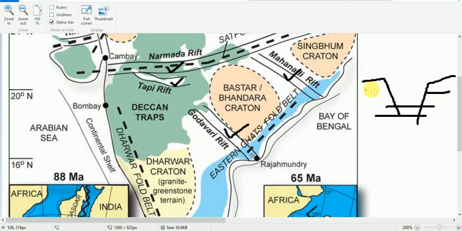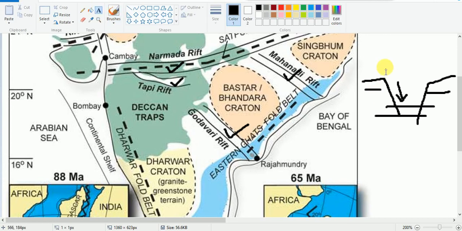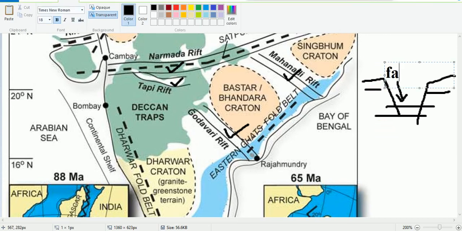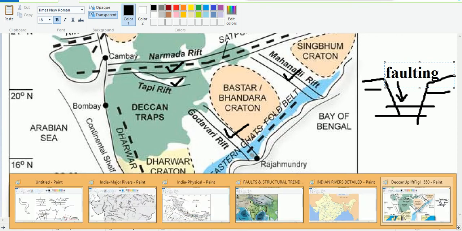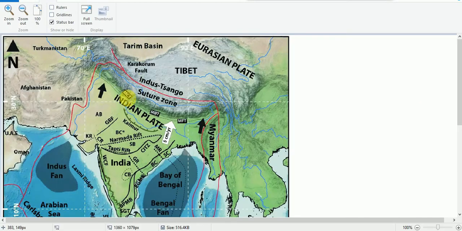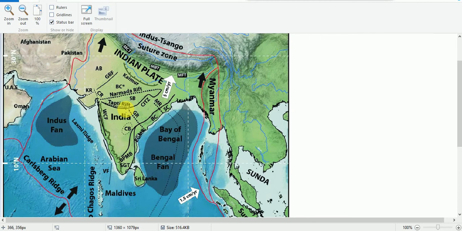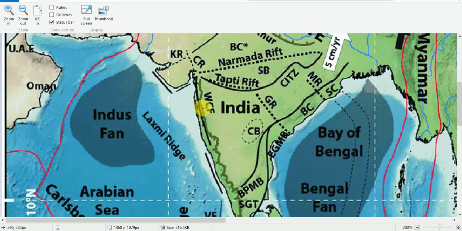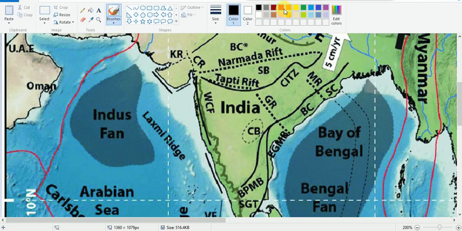Formed by the faulting process. And about the subsidence of the western flank of peninsular India, you may see this map.